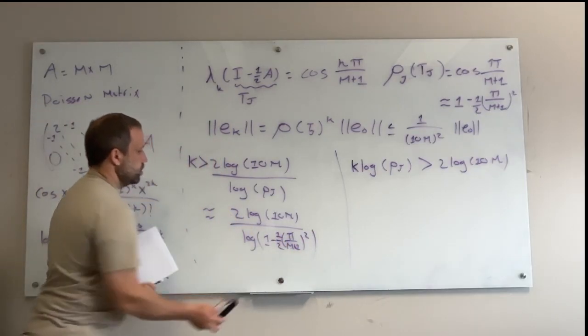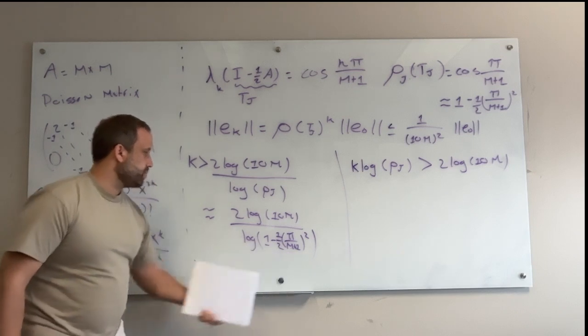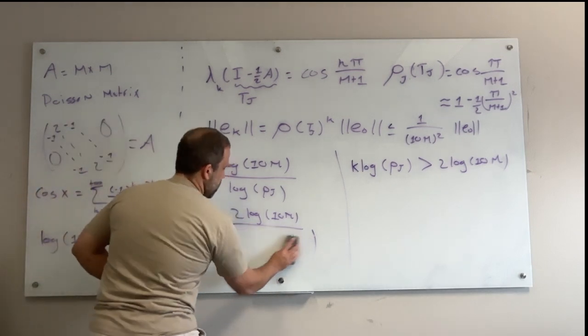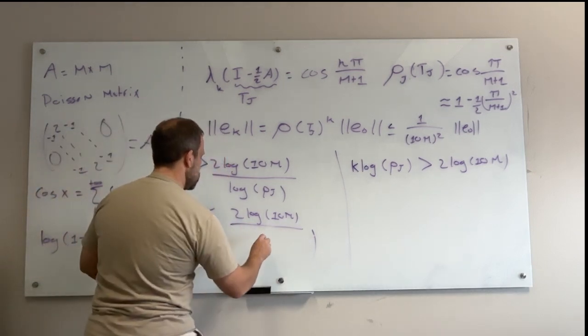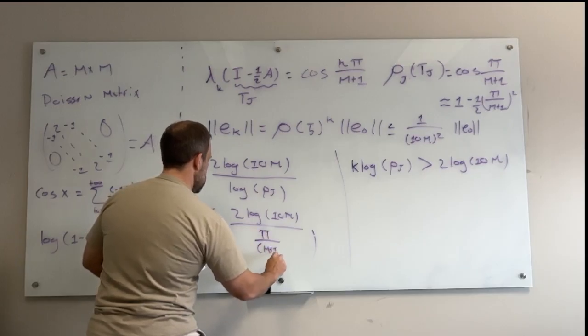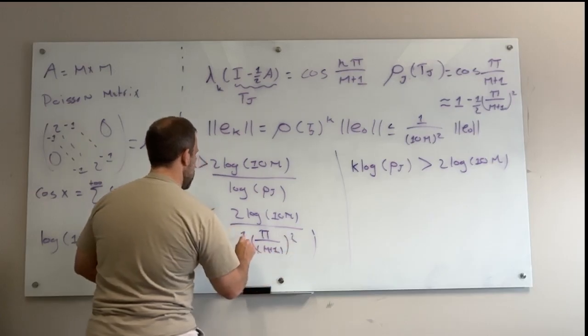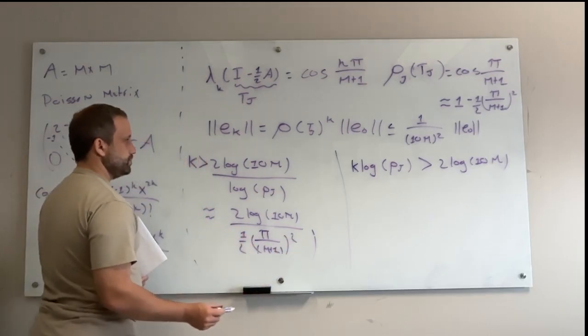Now log of 1 minus x, if I just look at the first term, is just going to be the negative of this part. So this is roughly pi over m plus 1, all of this squared with the 1/2.